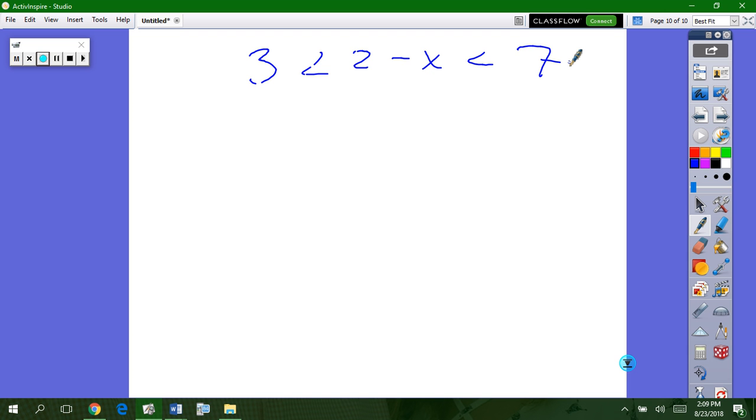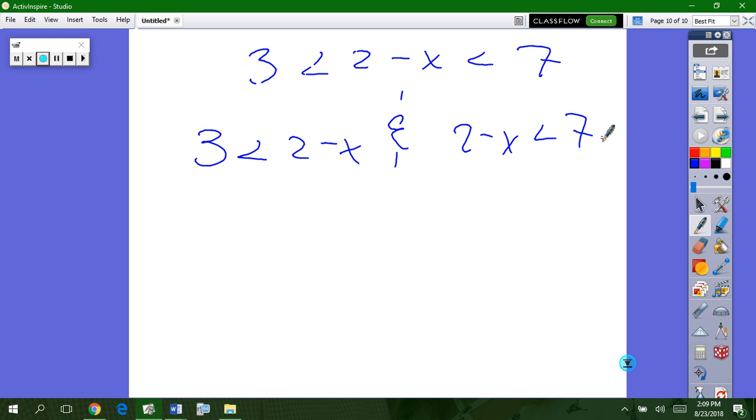Whenever it's like this, it's automatically an and statement. I could actually rewrite it. That's an and. You guys all know that, right? I could write it like that and see how I have my 2 solutions there, or my 2 option pieces. Okay, but I'm going to just do it like this.